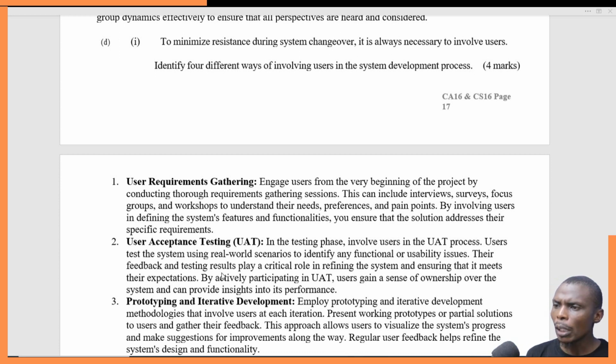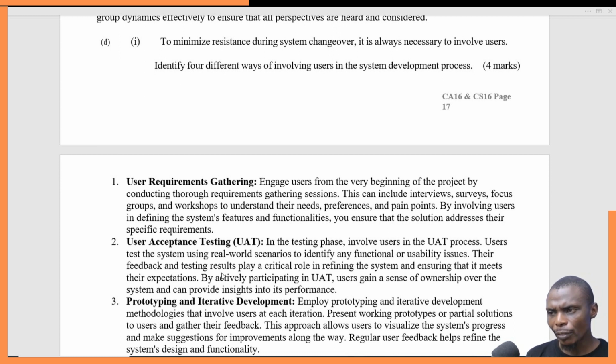You must know through things like interviews, surveys, focus groups. You must understand what the users are looking forward to. What are the problems that they have with the other system that they will need changed with this system that you are making. The second one, we have what we call user acceptance testing.